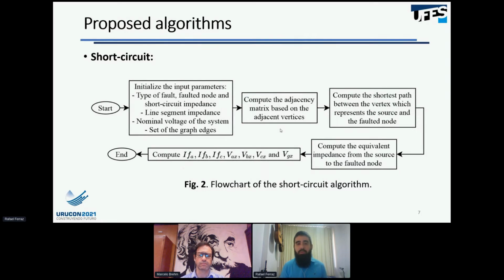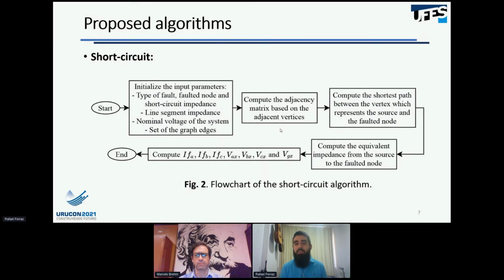Now about the flowchart of the short circuit, we will initialize the input parameters. So we use the type of fault, the faulted node, and the short circuit impedance. Moreover, we have the line segment impedance, the nominal voltage of the system, and the set of the graph edges.